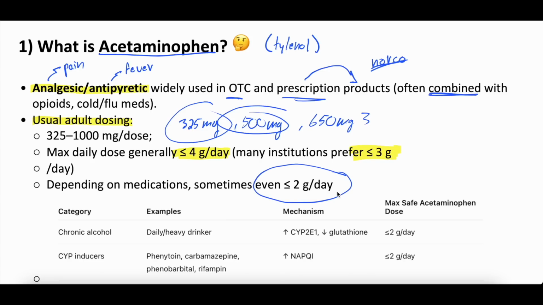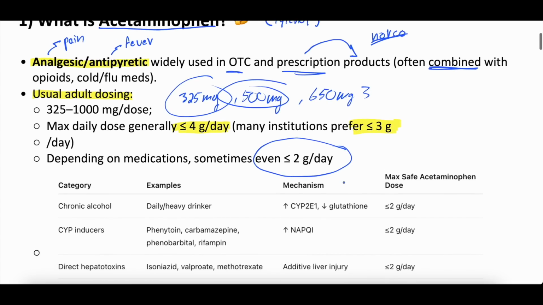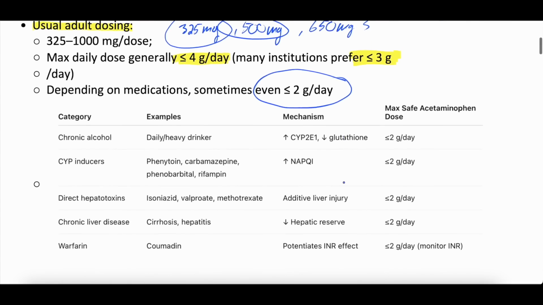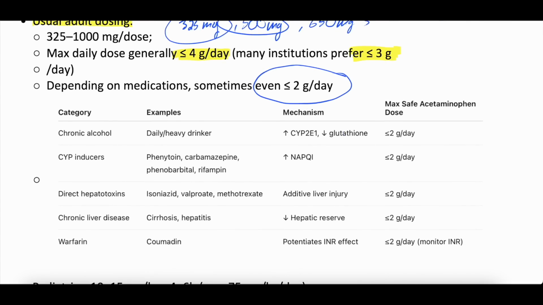If you think about the dosing, anywhere from 325 milligrams to 1,000 milligrams per dose, if you're taking the higher doses, just a couple of doses a day would get you to that 2 or 3 or 4 gram per day max. Now, 4 grams per day or 3 grams per day is safe for the, quote unquote, average person, but if you're on certain medications or have certain conditions, the recommendation is sometimes to stick to less than 2 grams per day.